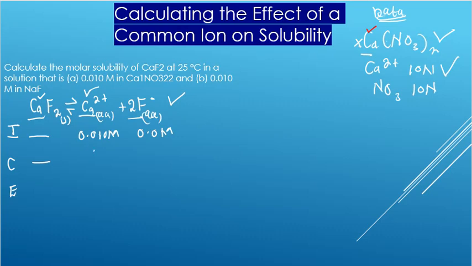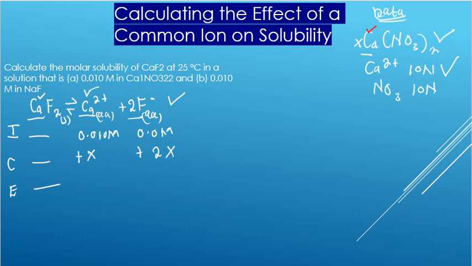Of course, it is just 1 mole of calcium, and because the products are increasing, you put your positive sign, and of course you produce 2 moles of fluorine.